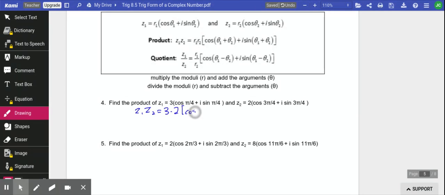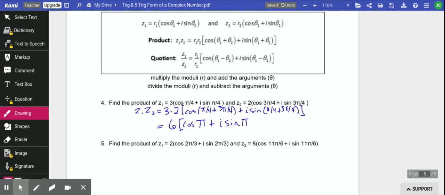So it'll be cosine of pi over 4 plus 3 pi over 4 plus I sine pi over 4 plus 3 pi over 4. So that's going to give us 6. Pi over 4 plus 3 pi over 4 is just pi. And that's it.